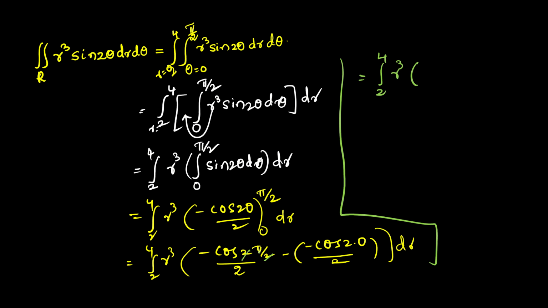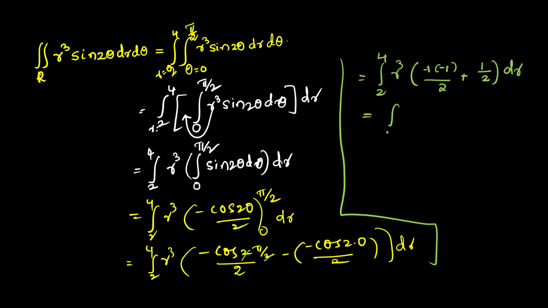Cos pi value is minus 1, already a minus is there, so minus of minus 1 by 2, minus into minus gives plus, cos 2 into 0, cos 0 value is 1, denominator 2, into dr. That is 1 by 2 plus 1 by 2, which is 2 by 2.